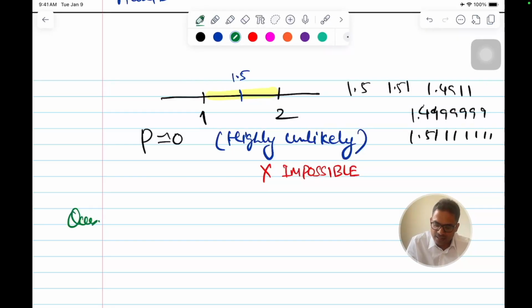Since there are infinitely many points here, can we say what the probability of not choosing 1.5 will be?